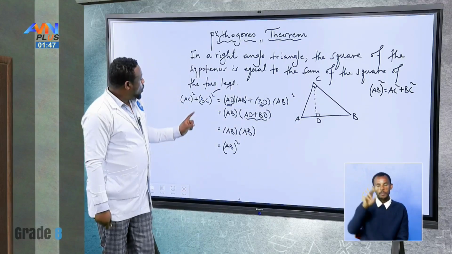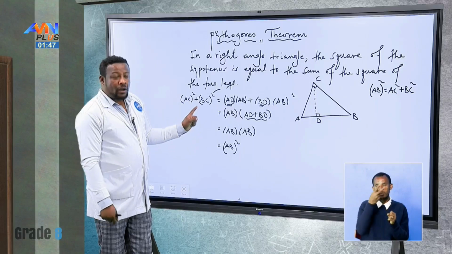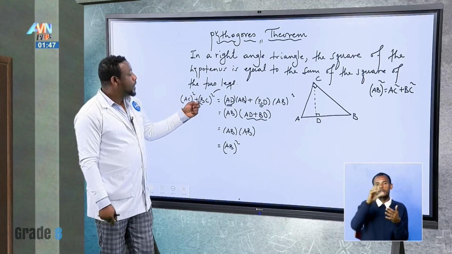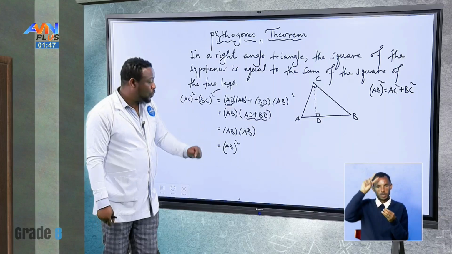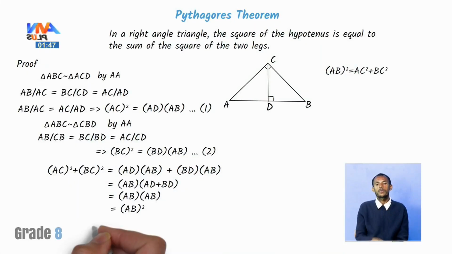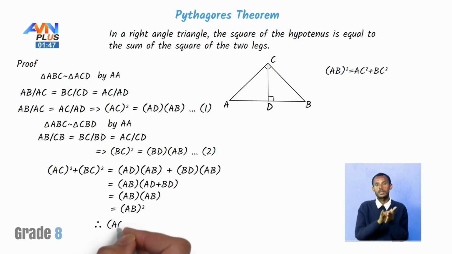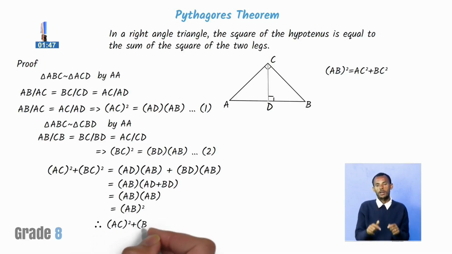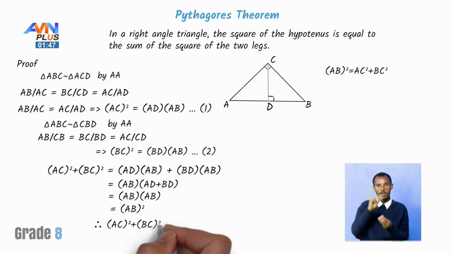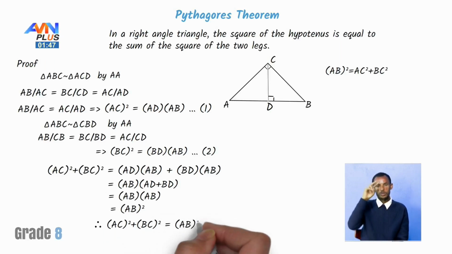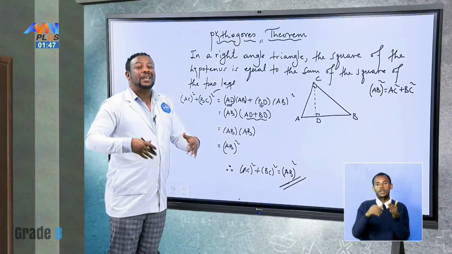As you can see here, we are able to derive AC square plus BC square is equal to AB square. Therefore, you can conclude that the sum of the square of the two legs, AC square plus BC square, is equal to AB square, which is exactly the same as what Pythagoras theorem is saying.